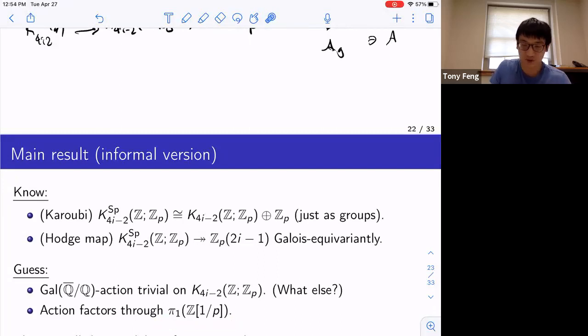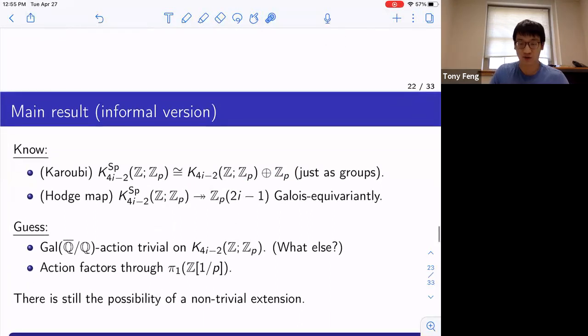So it almost seems like we've guessed what it is everywhere, and it's kind of trivial. On here, it's a cyclotomic character. On here, it's trivial, but there's still room for a little bit of stuff. There's room for a non-trivial extension. So our Galois representation looks like this. There's a quotient, which is this C_p(2i minus 1), and then a sub where it acts trivially, and then a 0 here, but here there could be something non-trivial.